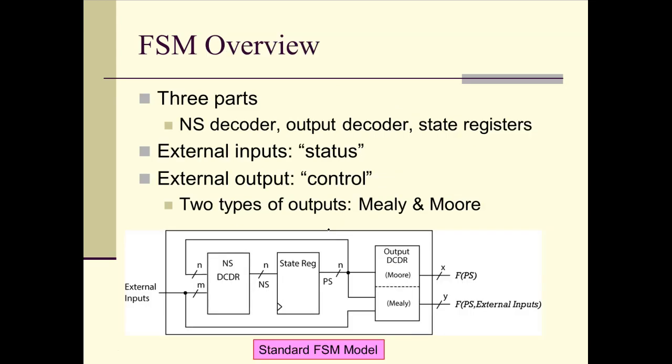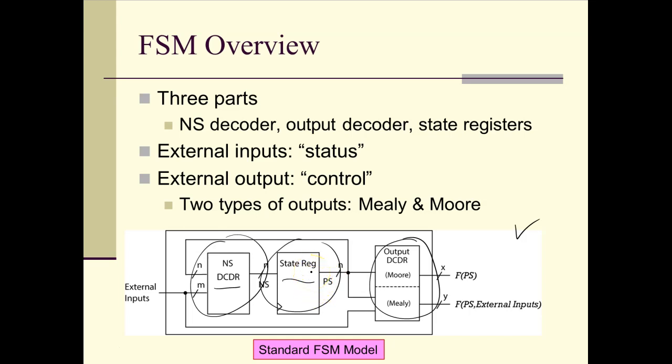So this is our standard FSM model at a very high level. It's broken into 3 boxes: the next state decoder, the output decoder, and then the state registers. Now the 2 decoders are combinatorial, and the state registers are sequential.